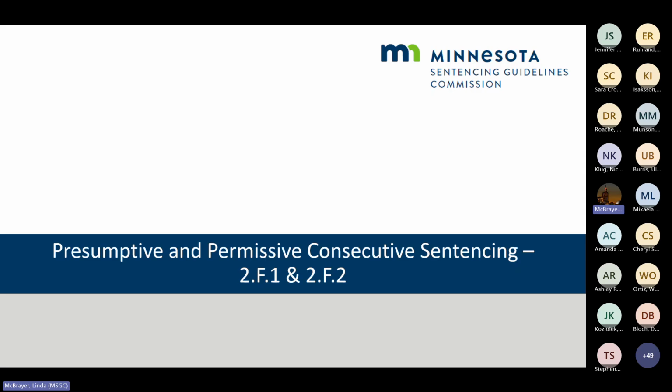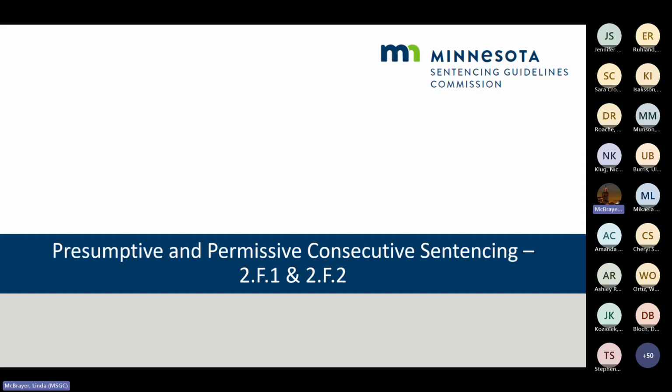As opposed to permissive consecutive sentencing, which is a decision that the court makes following the rules that we have. But in those cases, the worksheets are done to reflect concurrent sentencing, because that is the presumptive sentence, with the court being able to do permissive consecutive sentencing if they find it is eligible.